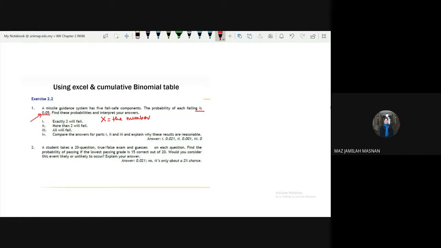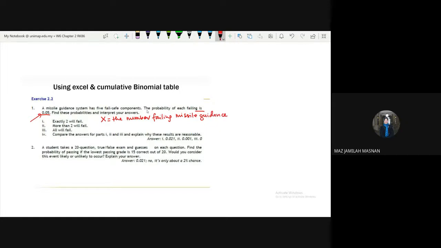The number of, class? Missile failing. That failing term is what in your question? If possible, refer to the terms used in the question. The number of failing missile guidance.